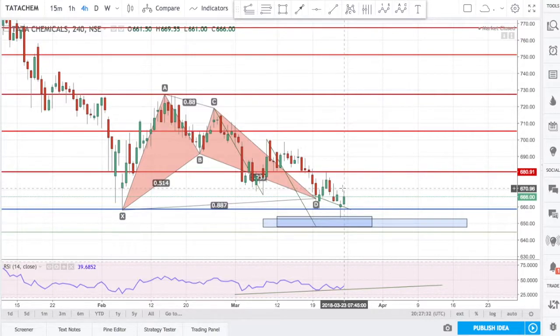Always remember, in advanced patterns, 38.2 and 61.8 levels are the most important ones. On advanced patterns, these are the levels. 38.2 and 61.8 are the levels to which we are expecting the prices to head.